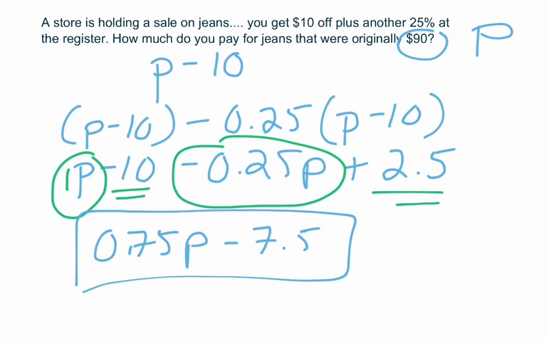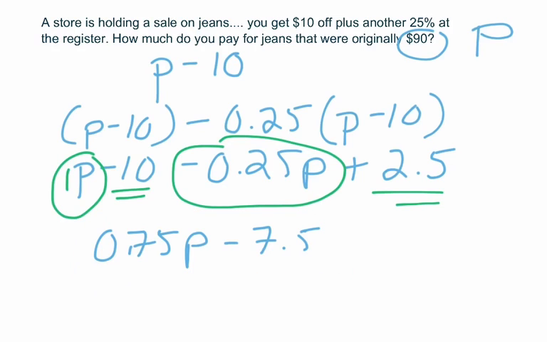Now, there's my function. Now, what I want you to notice there is what we've done is composition. So this is actually composition, where we took one function and plugged it into another function. We took the discount with the $10 and we plugged it into the 25% discount function. That's what we did there.